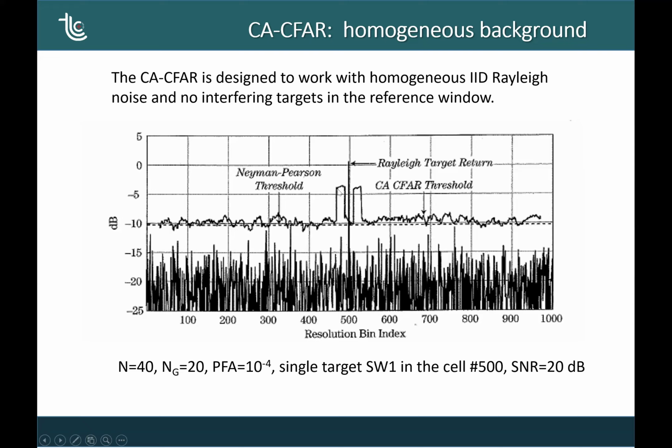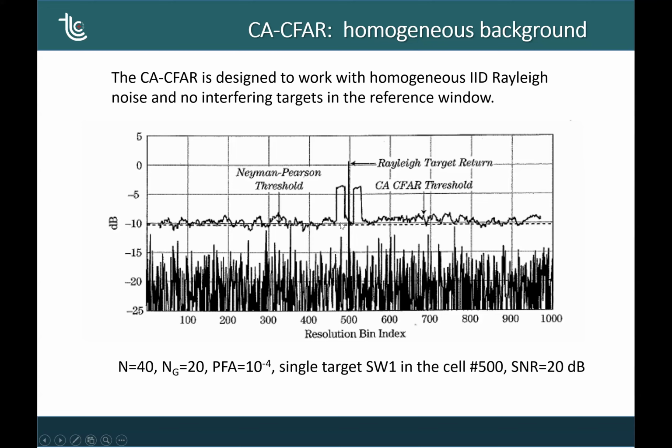Can you see the strange shape of the threshold close to the cell under test? You see that actually you have a kind of two towers here, one before the cell under test and the other one after the cell under test.